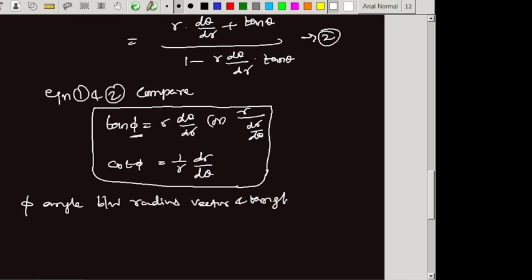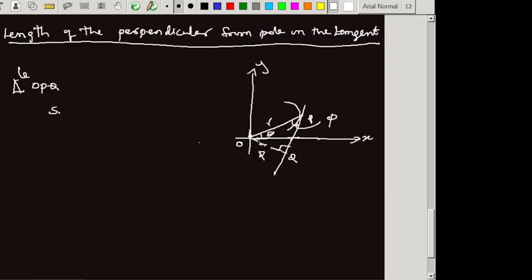OQ is the opposite side for the angle φ. We denote this as capital P. So sin φ equals opposite P divided by hypotenuse r. If we modify this, we can write P equal to r sin φ.